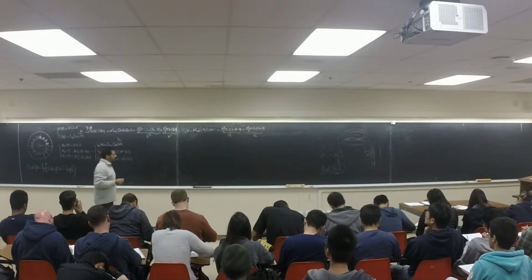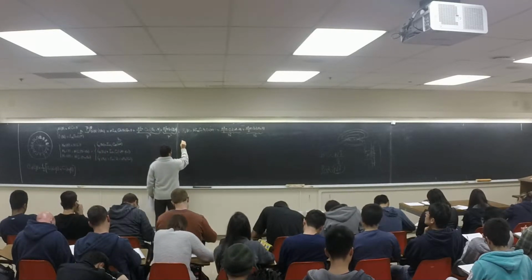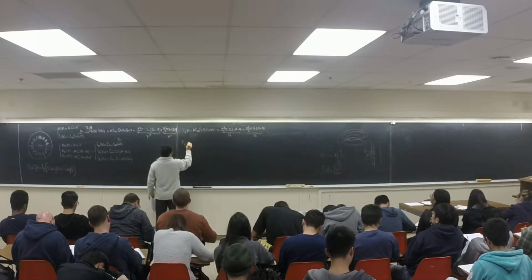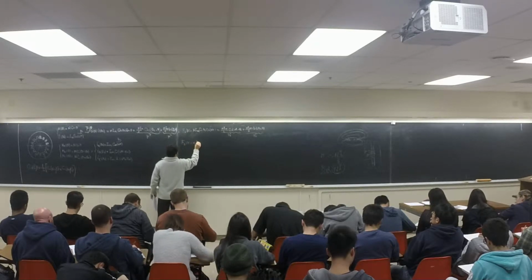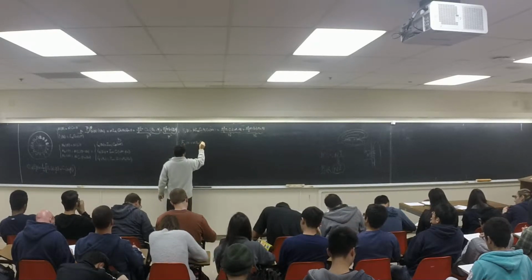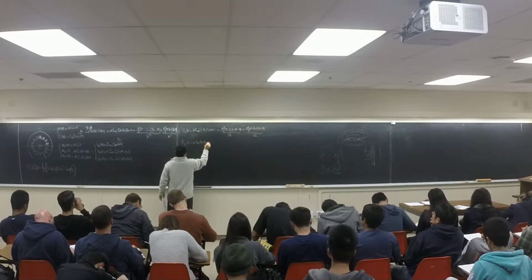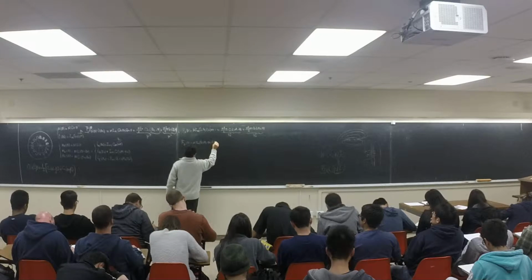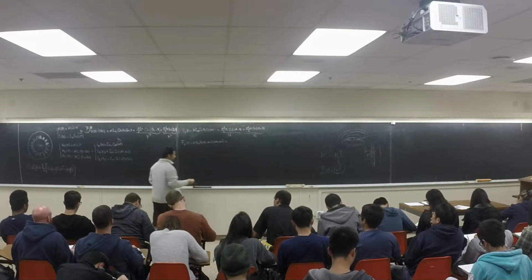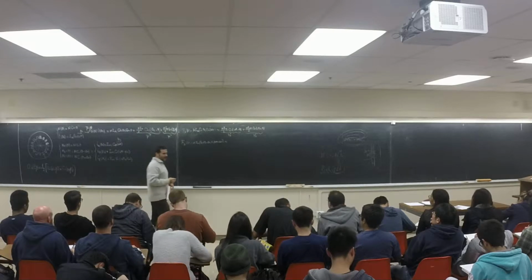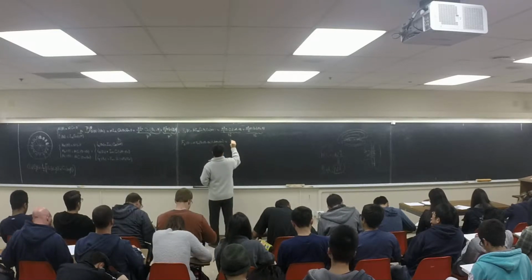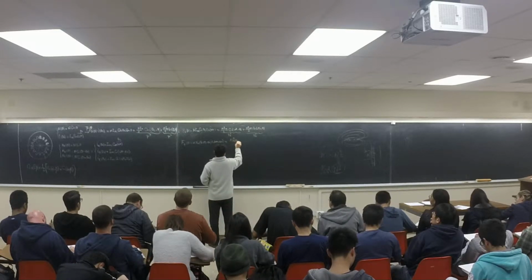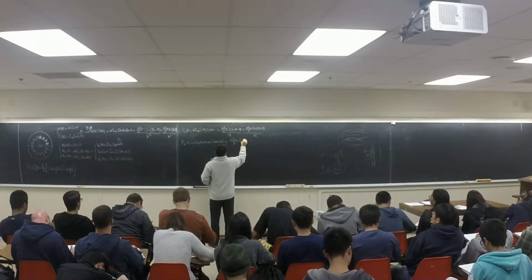This is what we have. FB theta. So again, it's going to be NIM over 2 cosine.